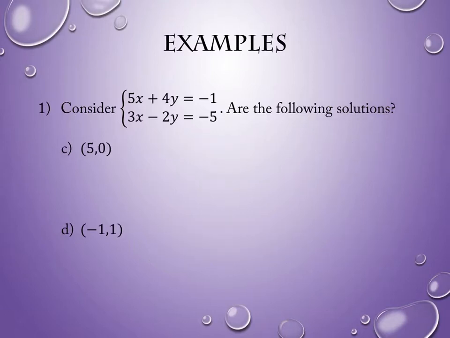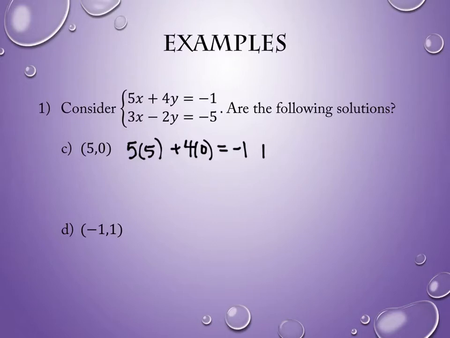Same equations, different points. We've got 5, 0. So if I test the point 5, 0 in my first equation, 5 times 5 plus 4 times 0 does equal negative 1? Somebody tell me.